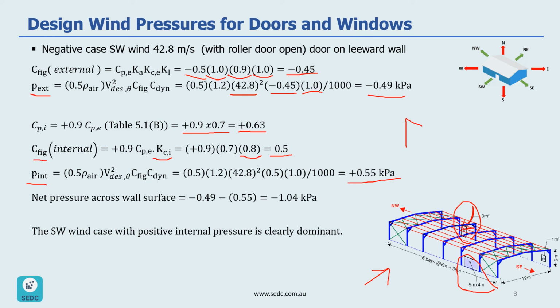So in order to combine them, we need to know how to combine these loads together. If we look at the external wind pressure, because it's negative, it's away from the surface. And our internal wind pressure is positive, so it's towards the surface. And as you can see, they are in the same direction. So we can add these two values together to get the net pressure. So the value would be 1.04 kPa.